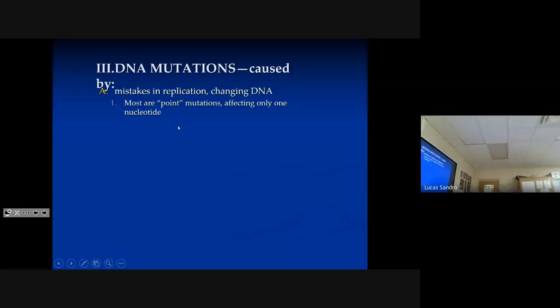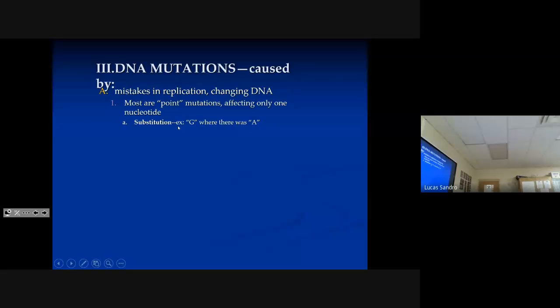To put it simply, the 3 ways it can be changed is you can replace a base with a different one, you can add an extra base, or you can lose a base. When a base gets replaced with another one, we call that a substitution mutation.